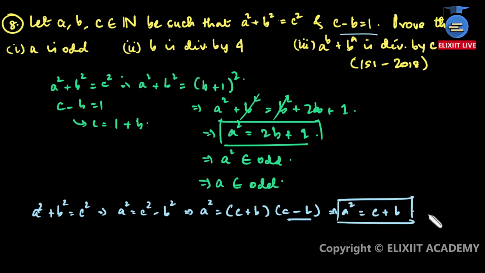Okay. Now, how do we prove that a is odd? We try to prove a square is odd. What will help here is the given information c minus b, which is 1, so c minus b is odd. If c minus b is odd, then definitely one of c and b is even, and the other is odd.